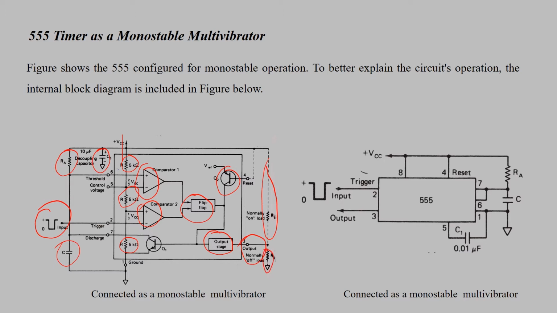For normally on load, output is taken from output to VCC and for normally off load it is from output to ground. So these are the external connections of the 555 timer.